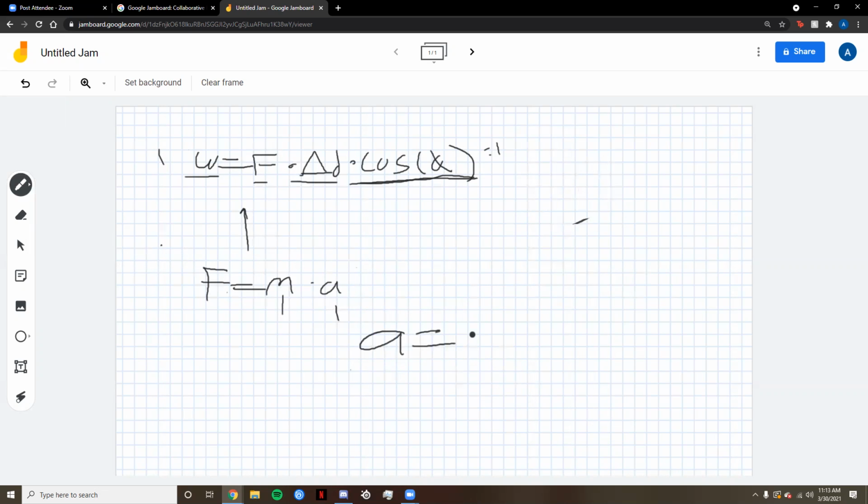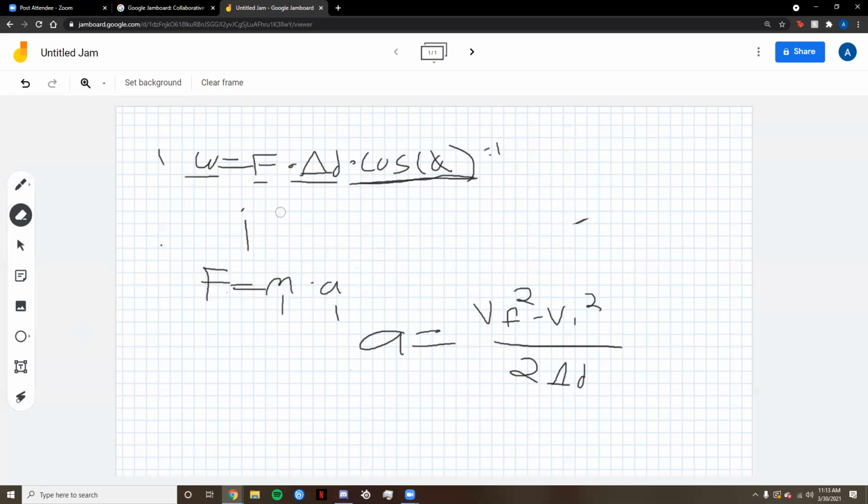Acceleration equals v final squared minus v initial squared, over 2 delta d. I am pretty sure; I don't memorize it. That's how you find acceleration. Once you find acceleration, you can find force, and once you find force, you can find the work that's being done.